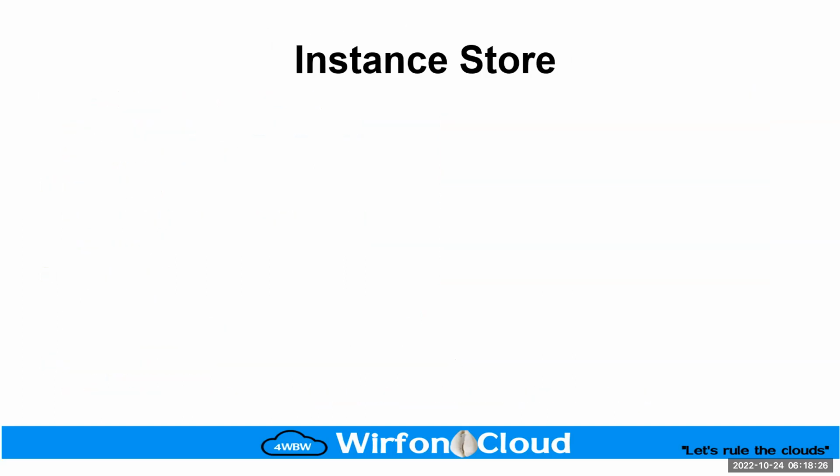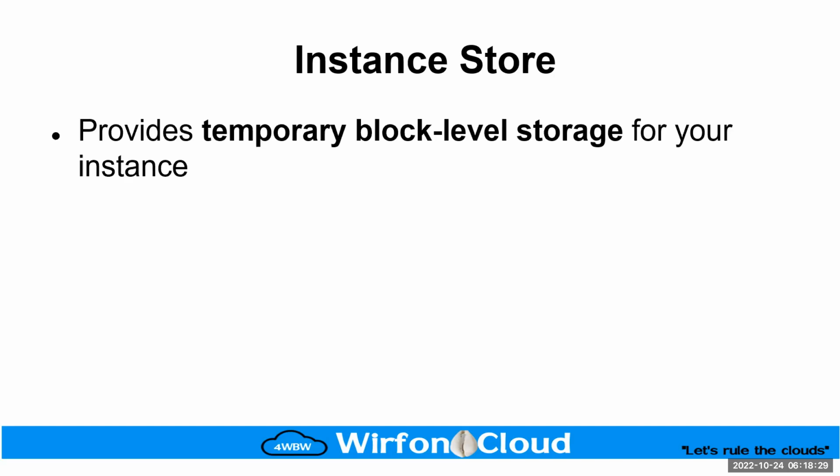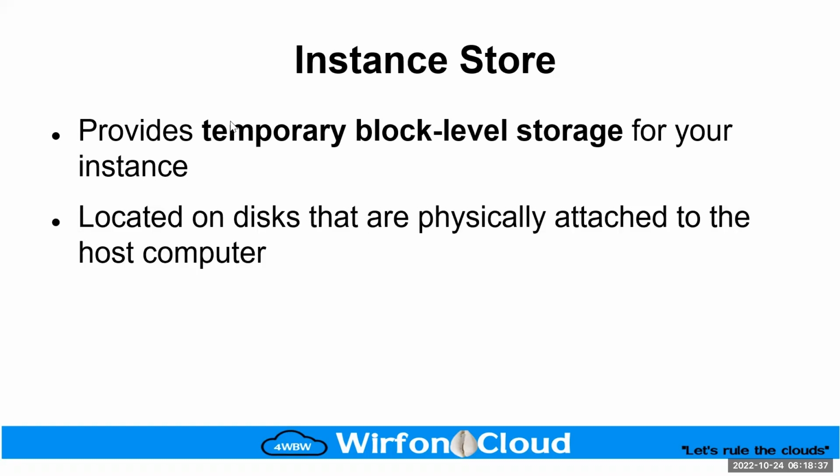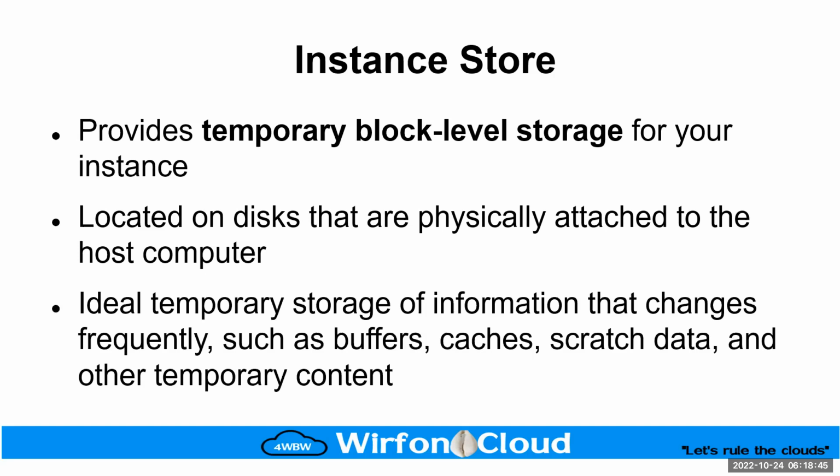So the first block storage we will look at is instance store. Important to note that it's a temporary block level storage for your instance, located on disks that are physically attached to the host computer. It's best used for information that changes frequently, such as buffers, caches, crash data, and other temporary content, because it's a temporary block storage service, also known as ephemeral.